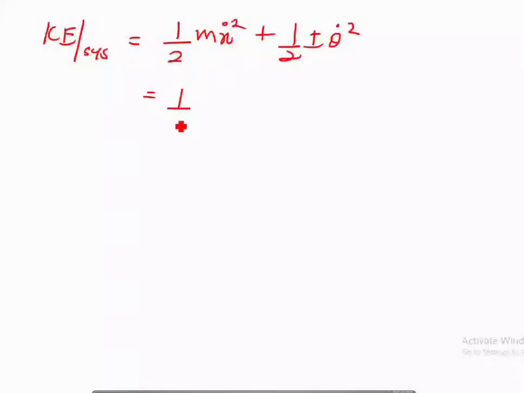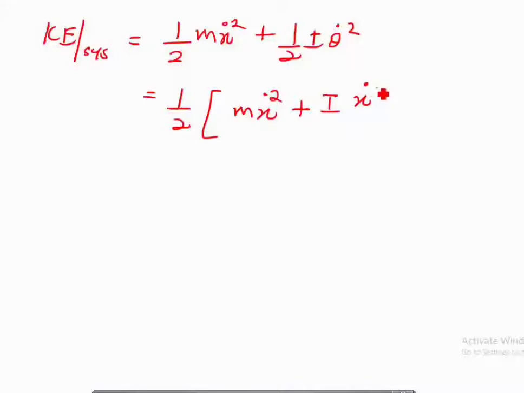Let me take one half common: m x dot square plus I theta dot square. Let me keep I as it is, because we don't know whether the pulley has a capital M mass or small m mass.